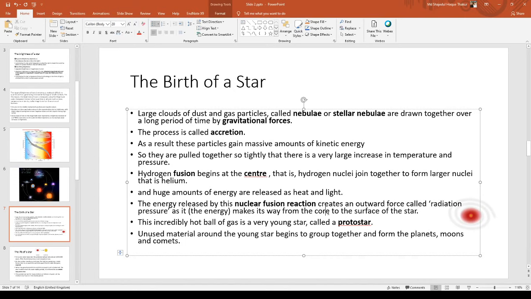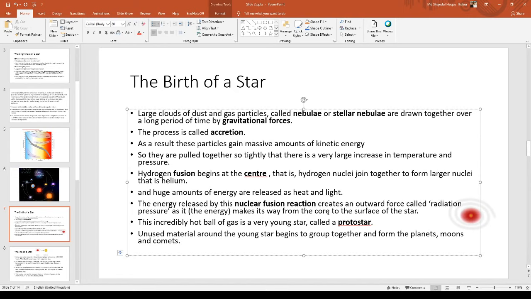However, as the star gets smaller and smaller and smaller, what also occurs is that at the center of the protostar, the nuclear fusion reactions become more and more energetic.